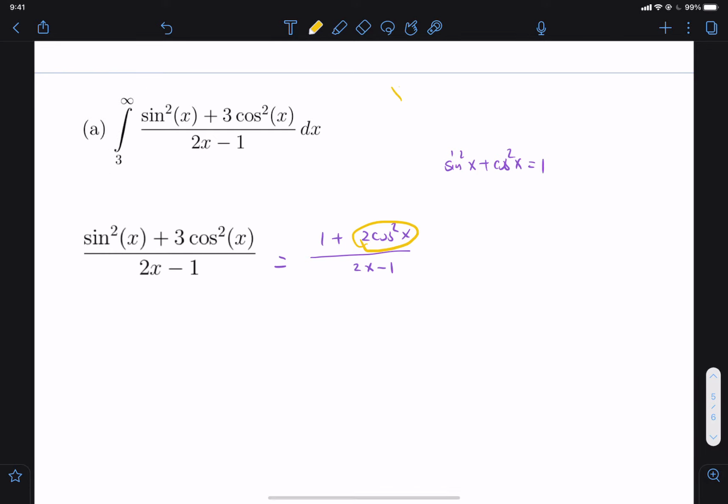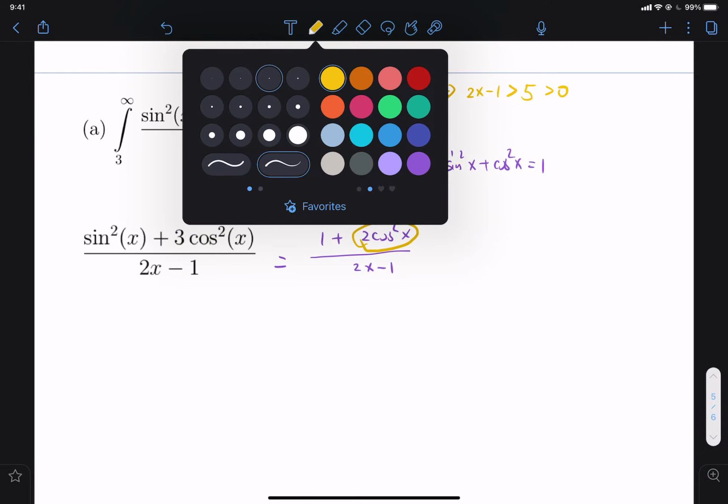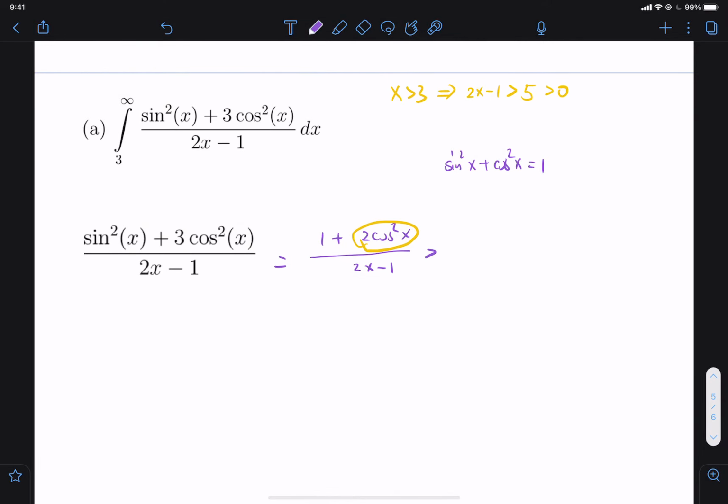So x is greater than 3. Tells us that 2x minus 1 is greater than 5, right? Which is greater than 0. So we kind of have ensured that the denominator is greater than 0. So when we drop this trig function, we have greater than or equal to, right? So this becomes 0, 1 plus 0, drop it like that, right?